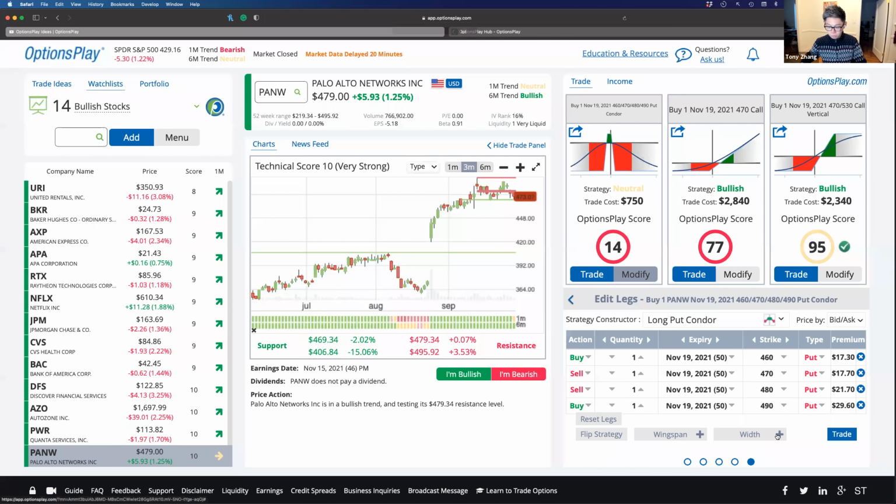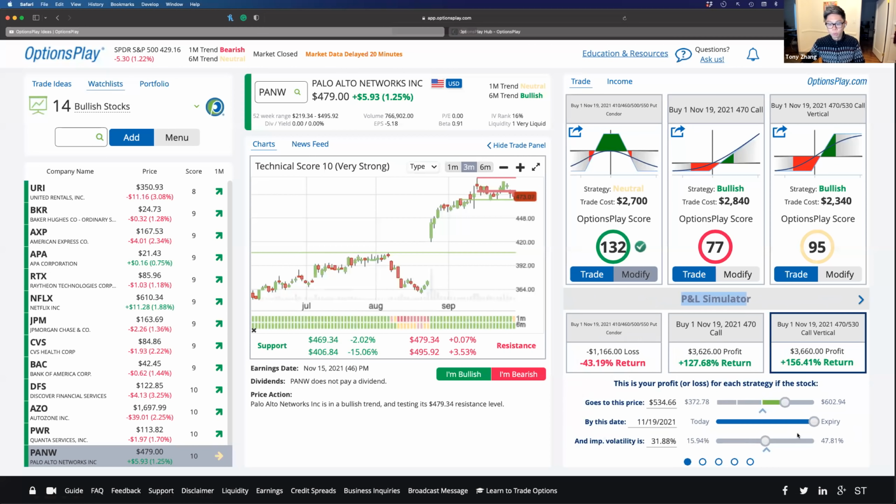Whether it's a condor, a butterfly, a credit spread, or a debit spread, use the P&L simulator. See how the strategy will perform if the stock does exactly what you expect it to, and if the stock does exactly the opposite of what you expect it to. Knowing how much you can potentially risk and how much you can potentially lose is going to be invaluable information, because that prepares you for what you can expect when you're in the trade.